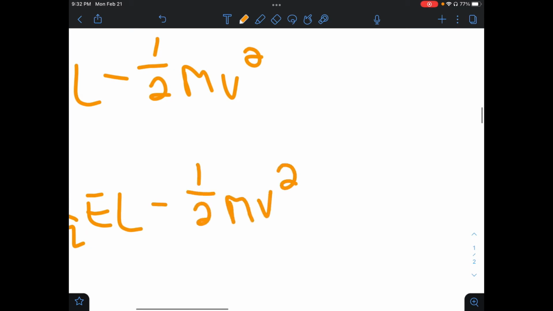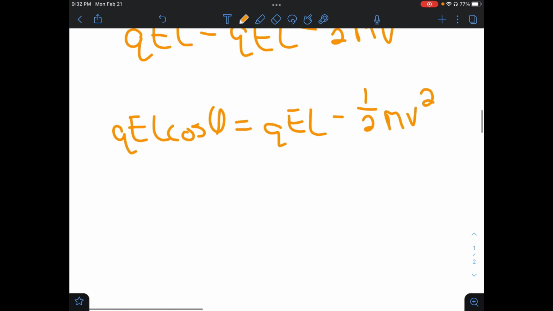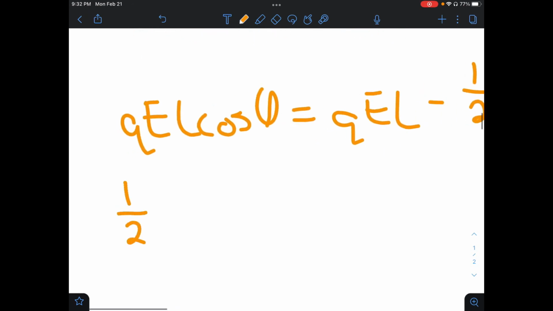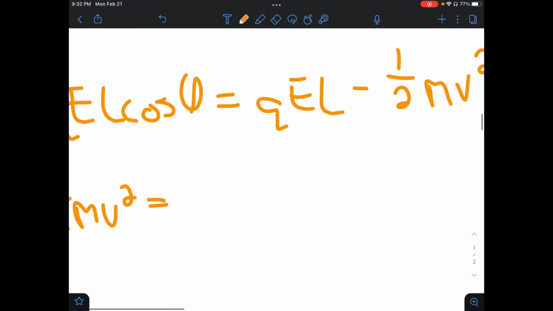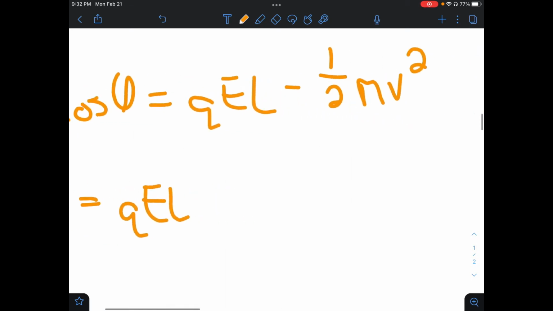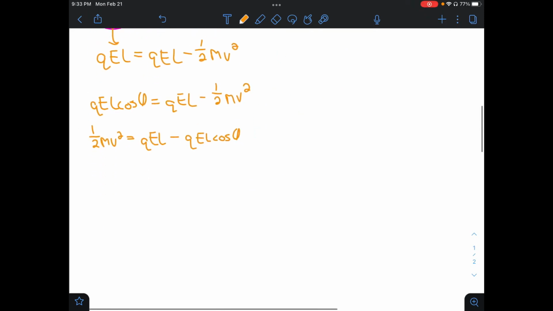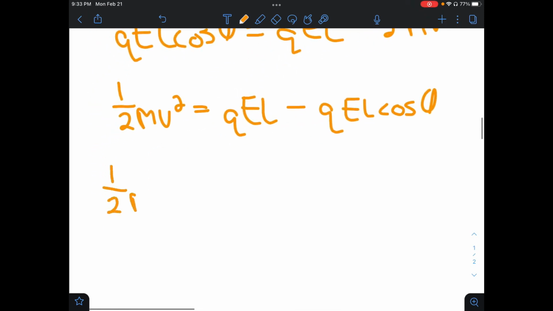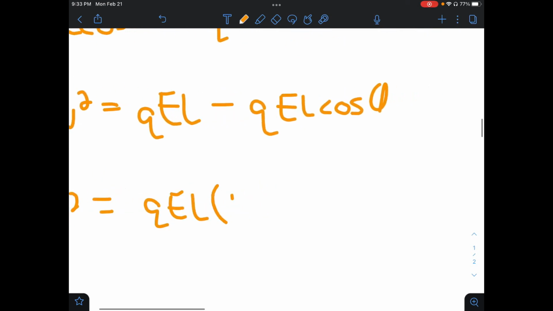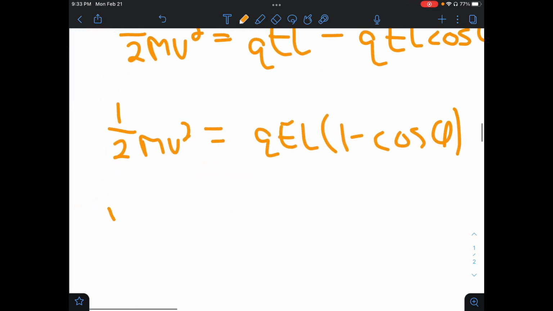I can put this on the same side, so 1/2 mv squared is equal to QEL minus QEL cosine theta. I'm going to hold off a second on putting this 2 over there, and I'm going to factor QEL. I have 1 minus cosine theta. And now I'll bring all that over.